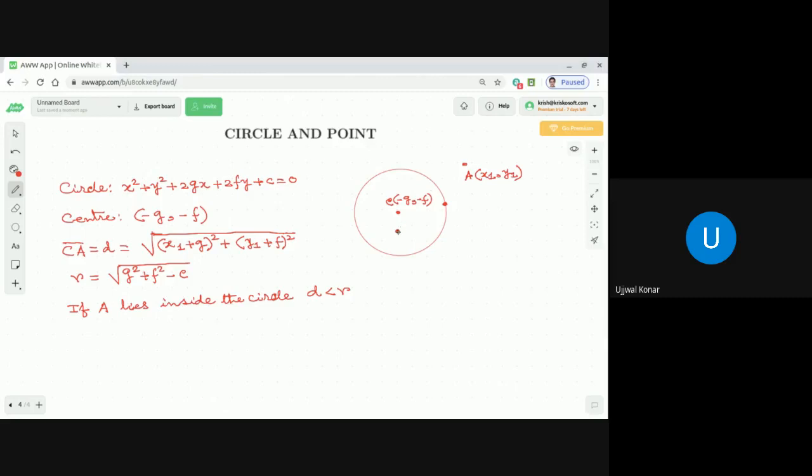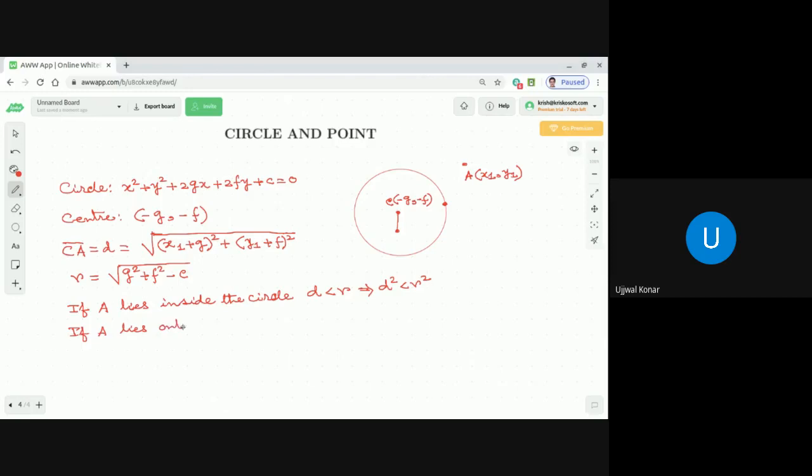Obviously, suppose the point is here, A, so this is the distance, which is definitely less than the radius. So D is less than R. That implies D square is less than R square.